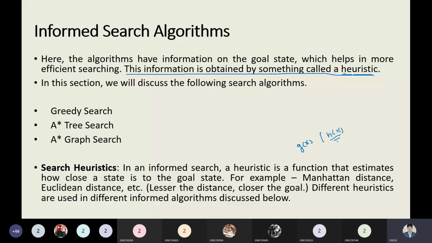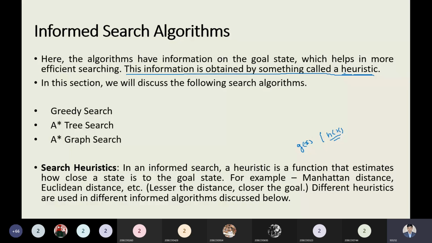So h(x) means the heuristic function which will take some value, and with the help of this heuristic function we will use the current state's heuristic function value. So g and h are the two functions we will use to get our path properly.